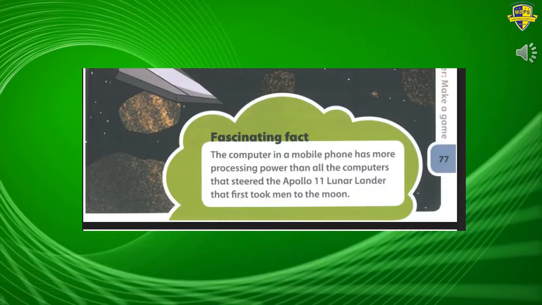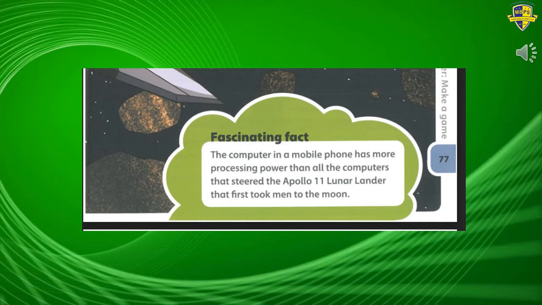Dear students, on page number 77 at the end right side, the fact is very interesting. It is comparing the spaceship and the smartphones that we are having right now. The first spaceship that took men to the moon and the mobile phones we are using right now. So let's see what the fact is.